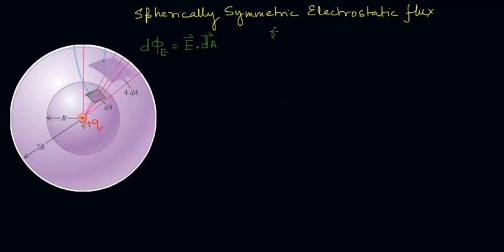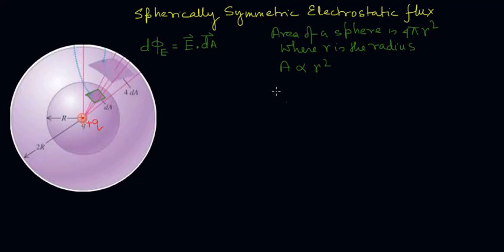It is 4 pi r square, where r is the radius, right? So the area is proportional to the radius square.